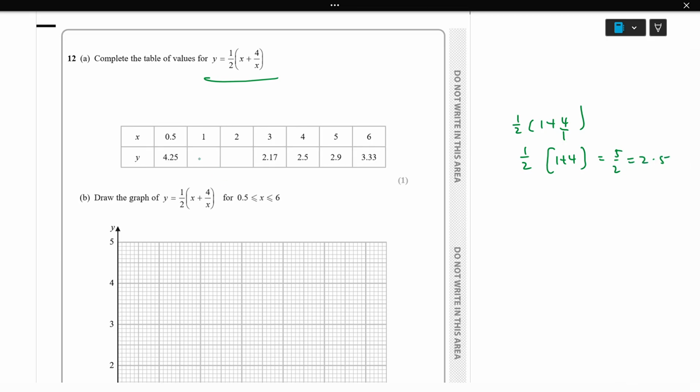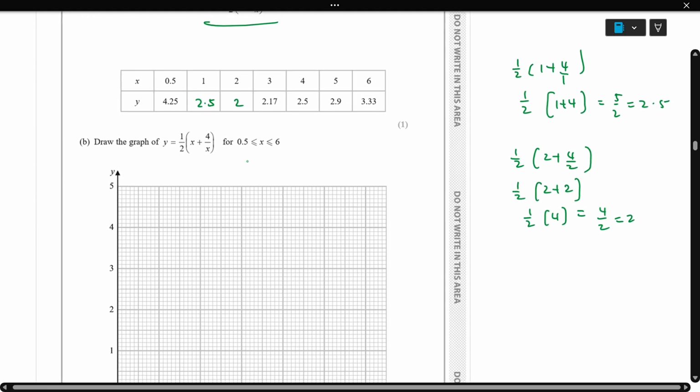So this answer is going to be 2.5. Next, when you plug in 2 here, 1 by 2 into 2 plus 4 by 2. So 1 by 2 into 2 plus 2, so 1 by 2 into 4, so it's 4 by 2, which is 2. So here the answer is 2.